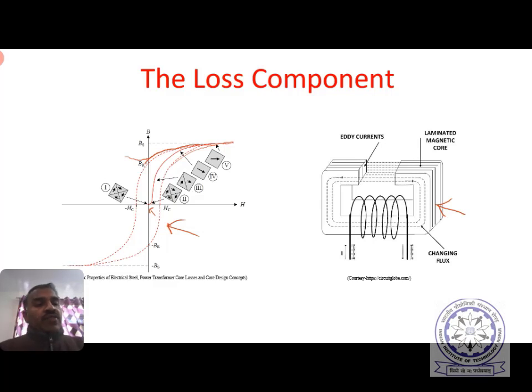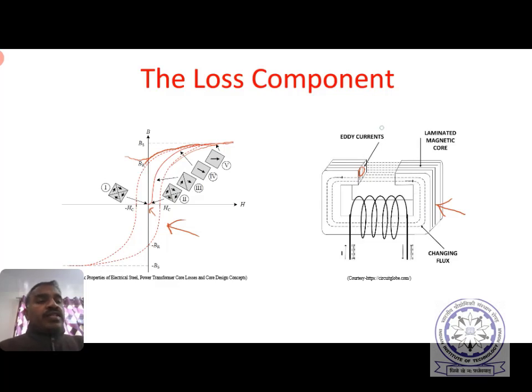And whenever the flux lines are going through a metallic portion like this, then there will be currents associated with these flux lines, which will be opposing the original magnetic flux producing them.